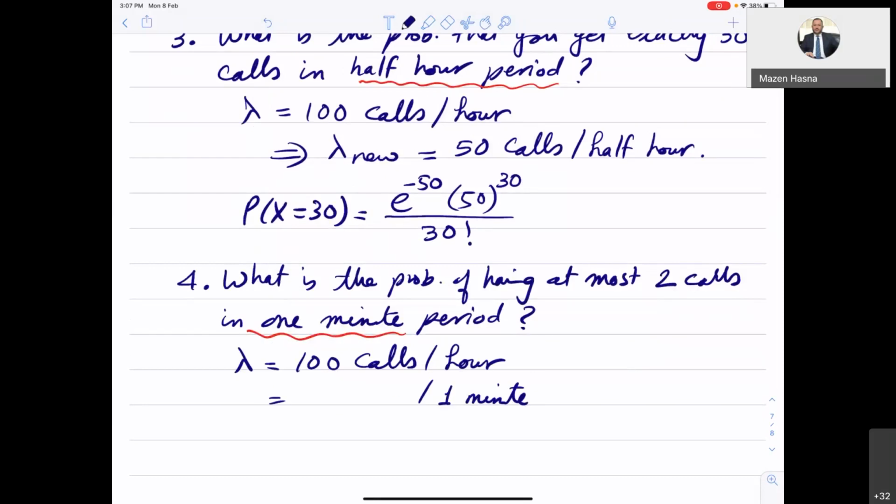It's 100 over 60, since I have 60 minutes in the hour, which is 10 over 6, which is 5/3 calls per 1 minute.